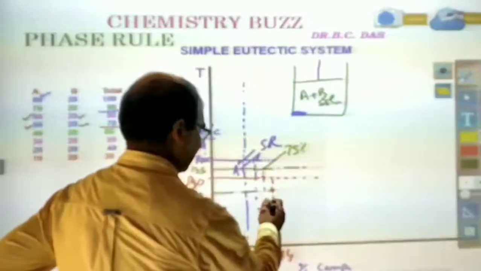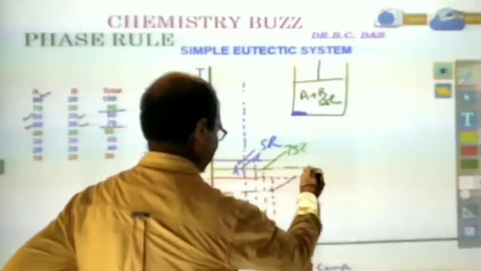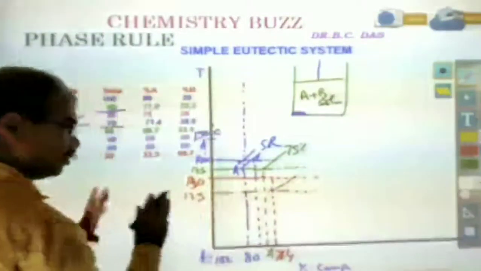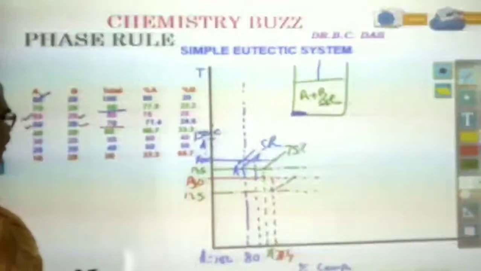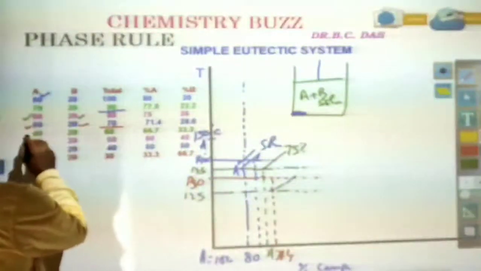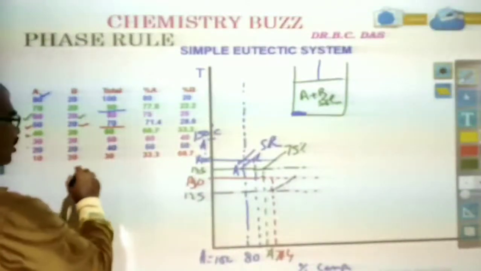Again at 125 degree centigrade, some more amount of A will be separated out, the same amount, say 10 gram, and the percentage of A in the solution will be less. Say 40 gram of A in the solution and 20 gram of B in the solution.